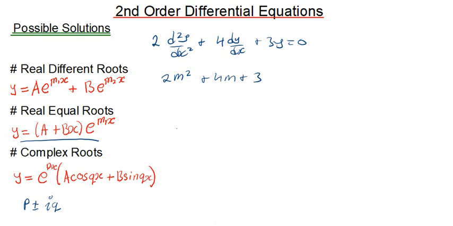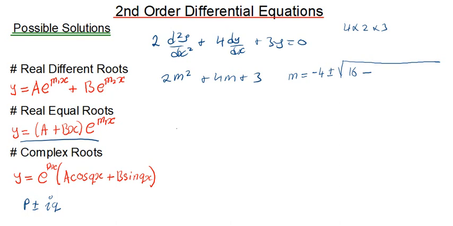Here I can't really factorize, but I can use the quadratic formula to come up with the solutions for m. I can say my m is equal to minus b, which in this case is 4, positive or negative the square root of b squared, in this case 16, minus 4, which was my a, 2, and my c, 3. That's going to give me 24.